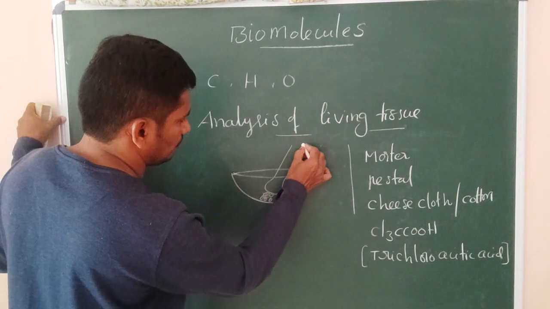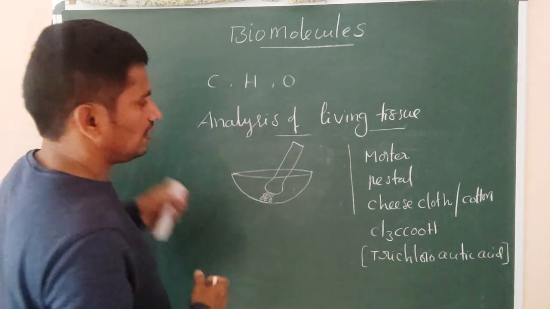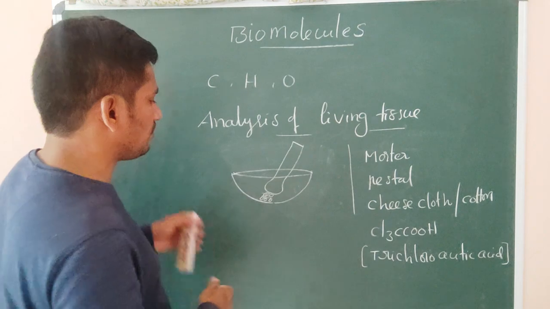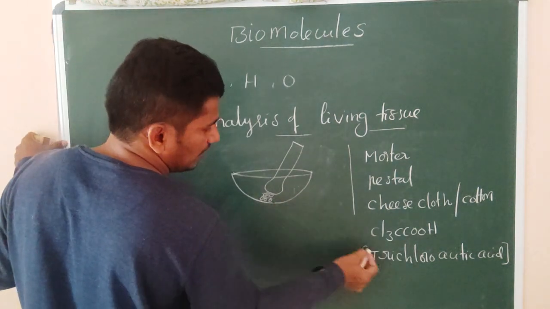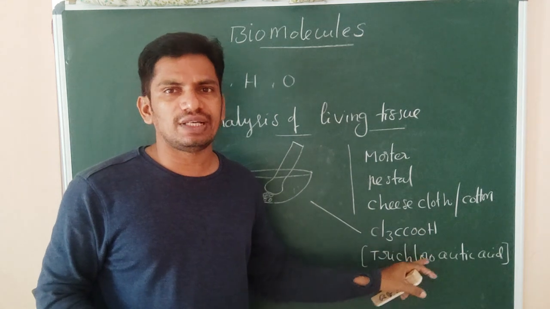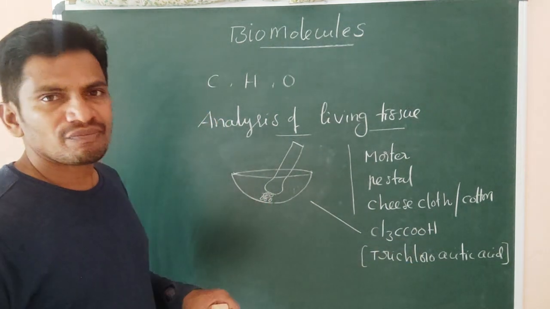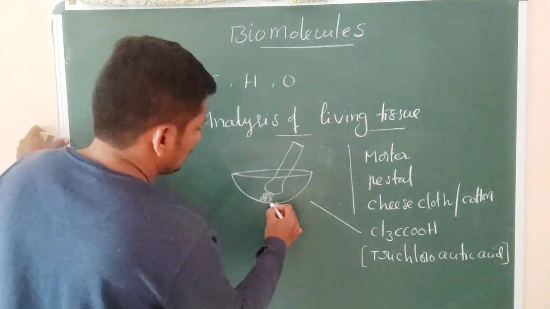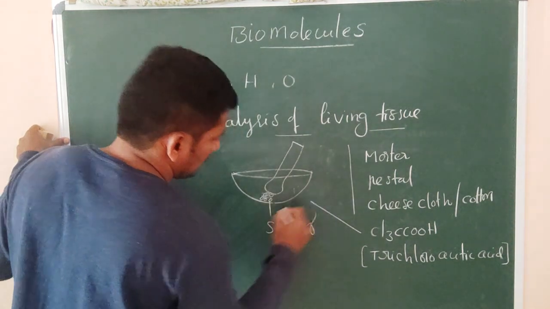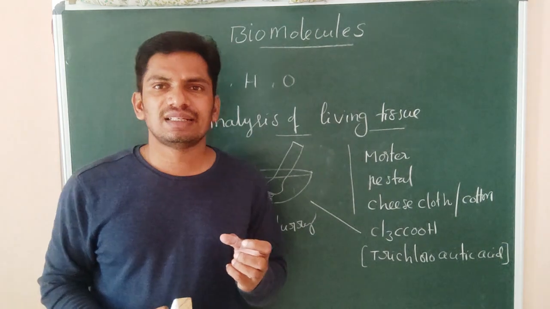With this, you have to grind it properly. While grinding, we have to add Cl3CCOH, trichloroacetic acid, here. Then we get a slurry substance. It will become a slurry.